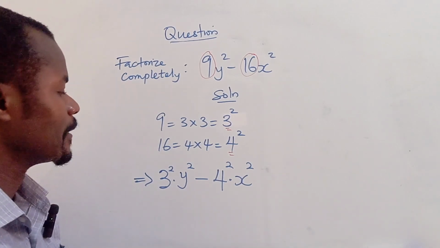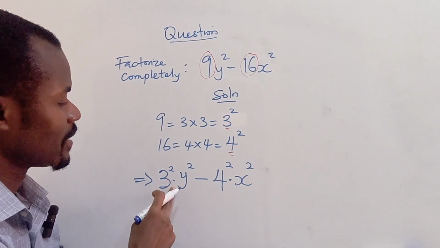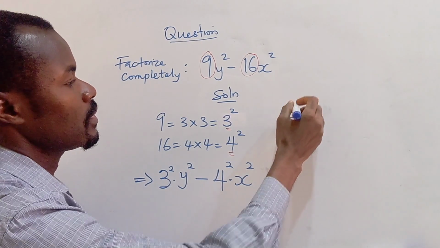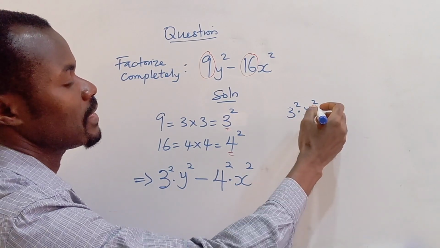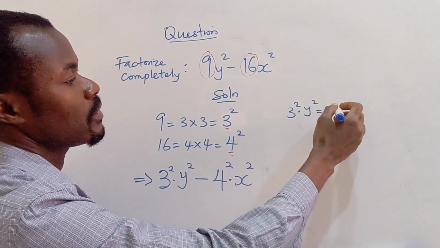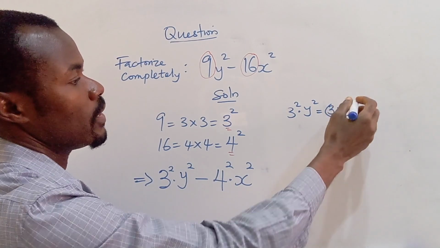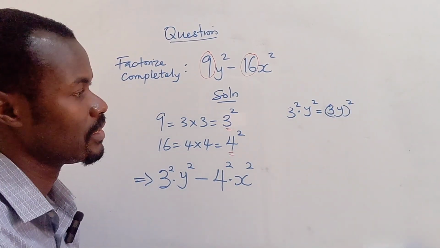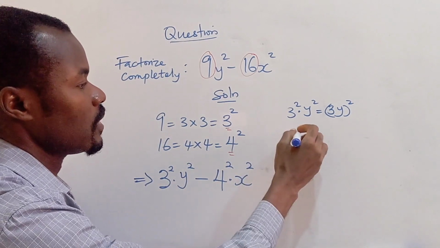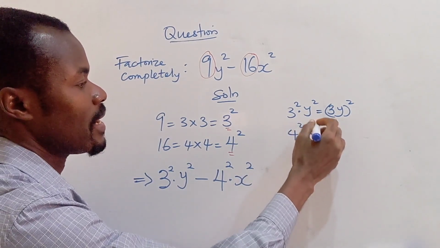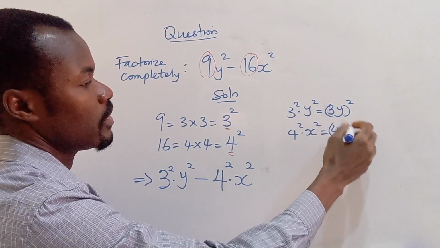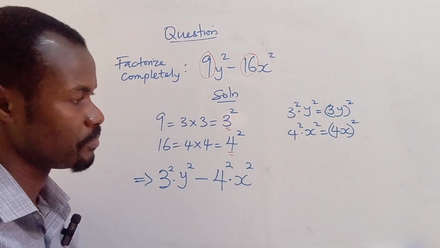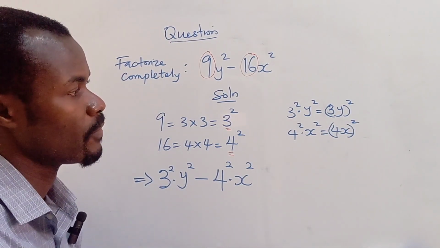But before we do that, 3 squared times y squared can also be written as (3y) squared, from indices, and 4 squared multiplied by x squared can also be written as (4x) in brackets squared.